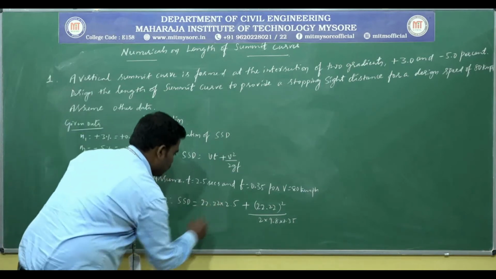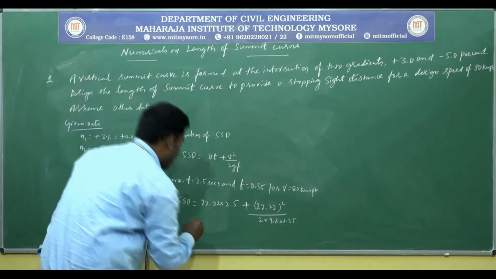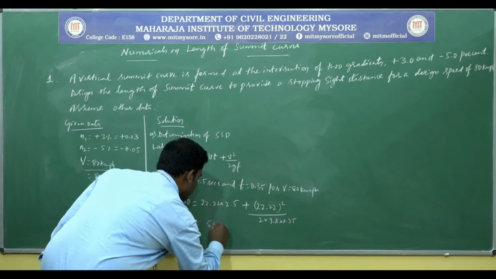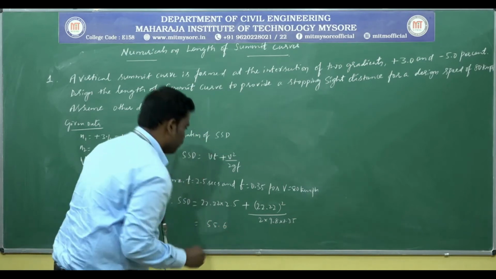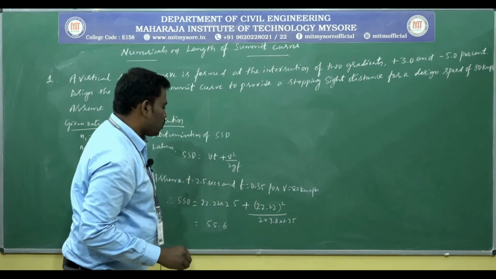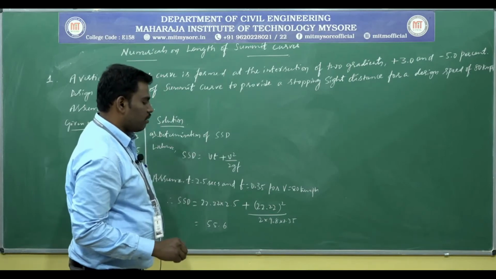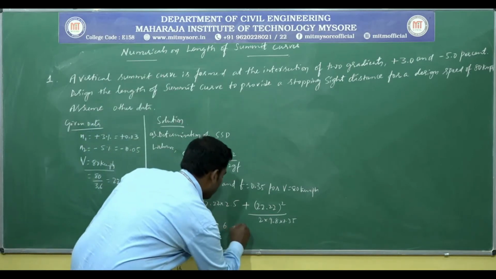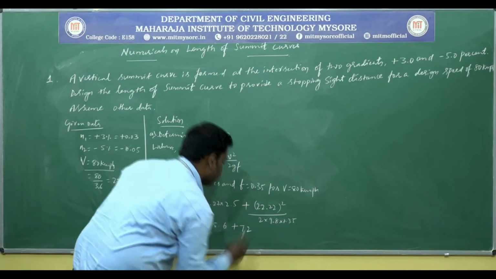So 22.22 multiplied by 2.5, you may get about 55.6, and 22.22 square divided by 2 into 9.8 multiplied by 0.35, you may get about 72.